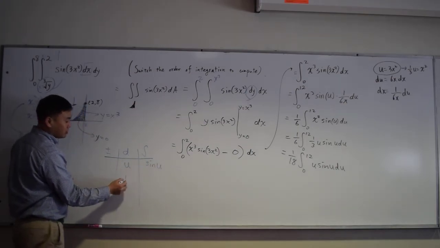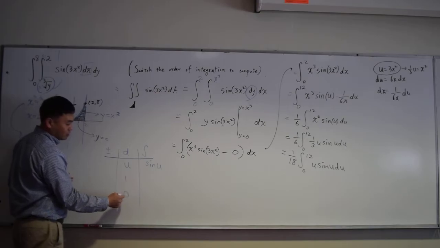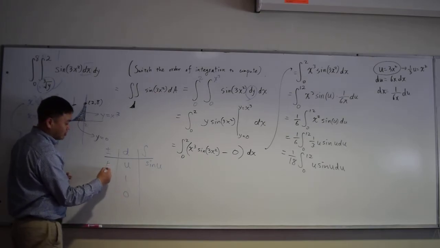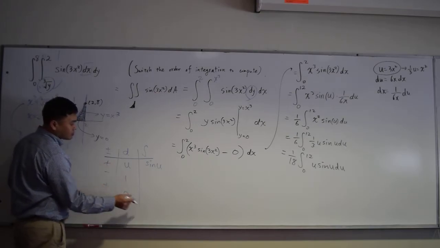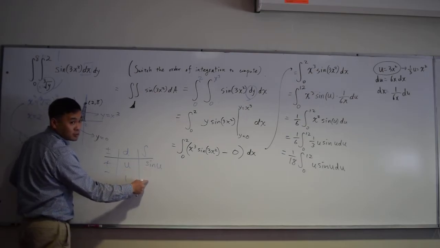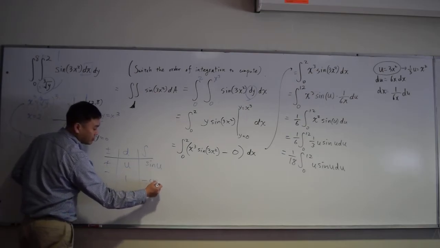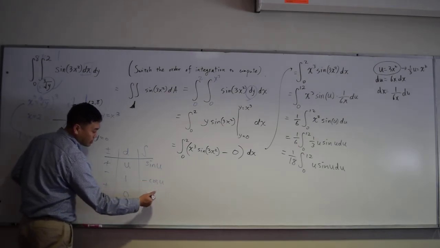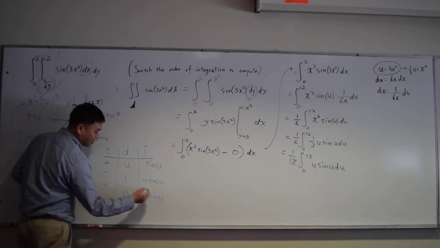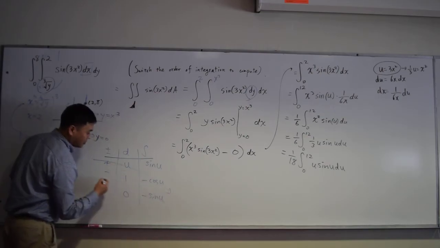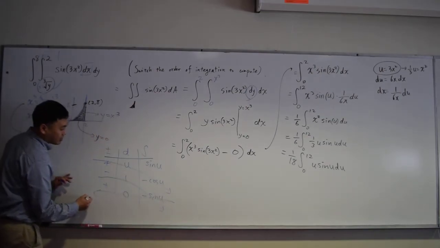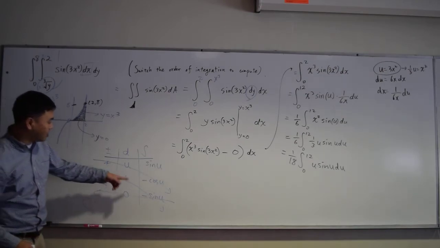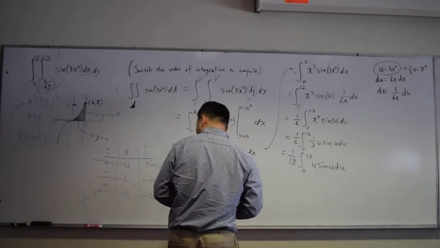Differentiate u, you get 1. Differentiate 1, you get 0. You stop because you got 0. Sine u integrates to? Negative cosine. Cosine u integrates to? Negative sine. Negative cosine u integrates to negative sine. And then you do this. And then the last line gives you c.